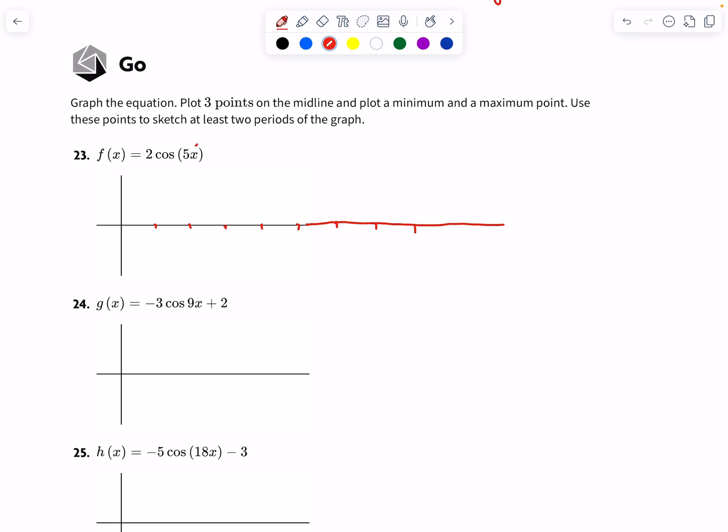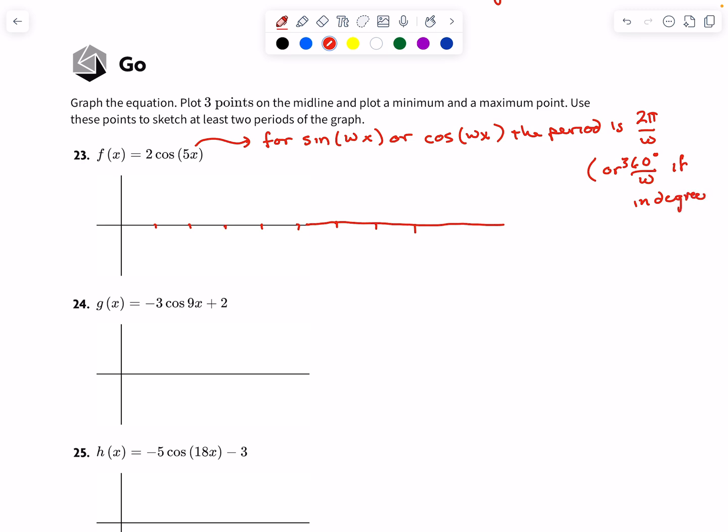This would normally be 2 pi, but okay, so instead of this being pi, it would be pi over 5.